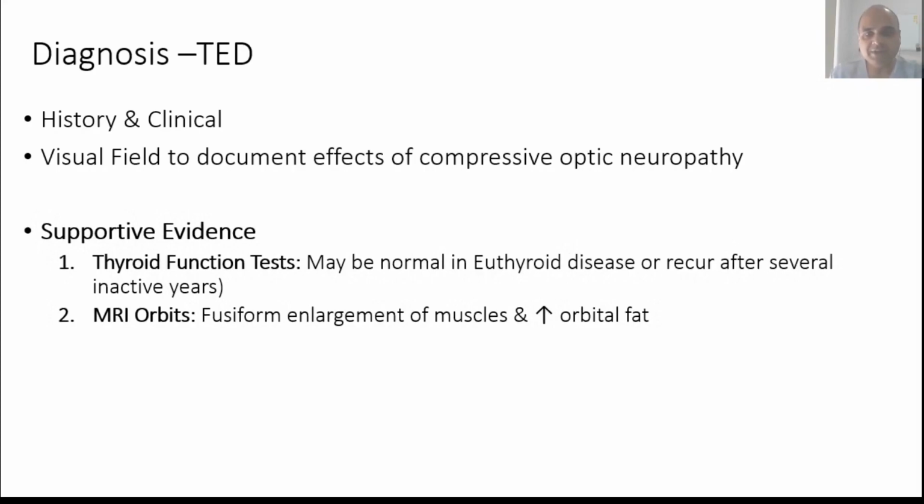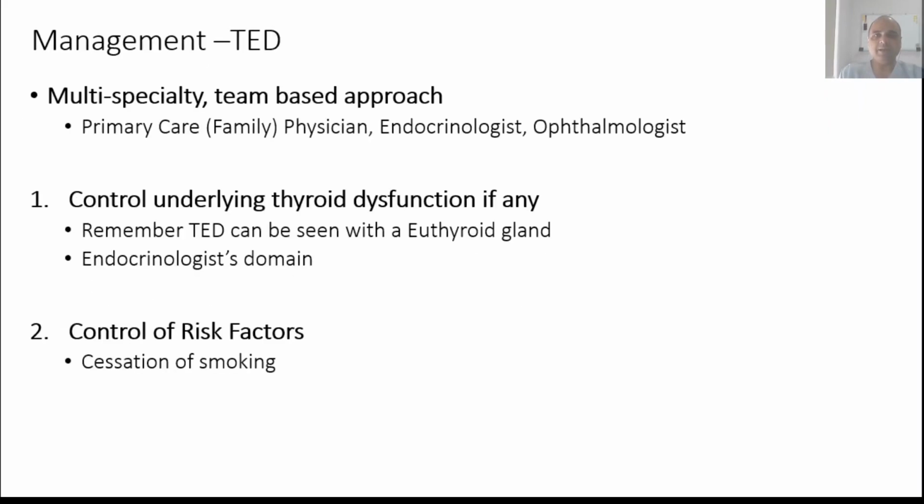Supportive evidence would obviously include thyroid function tests, but remember you can have euthyroid disease in which the thyroid is normally functioning and you have all of the associated issues with the eye that you see in thyroid eye disease. MRI orbits would help you identify muscle enlargement, and also increased amount of fat or adipogenesis. But again, it's history and clinical findings that establish a diagnosis of thyroid eye disease.